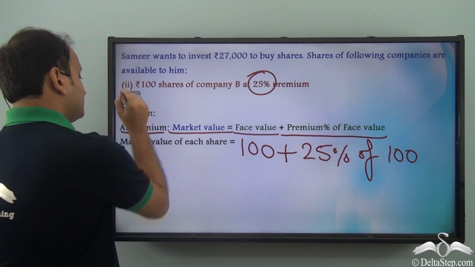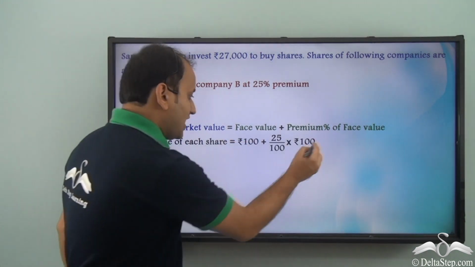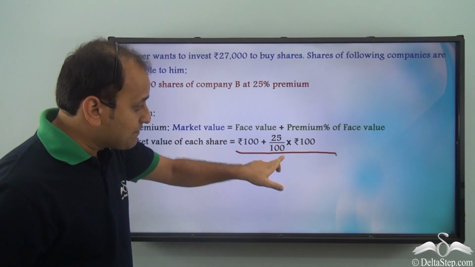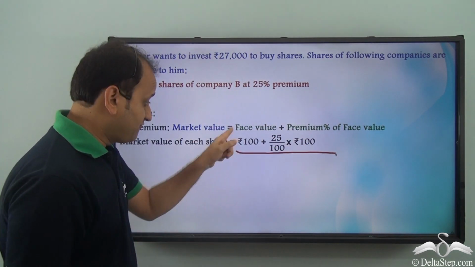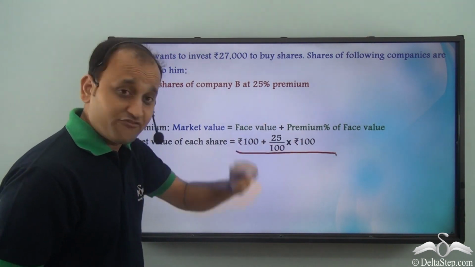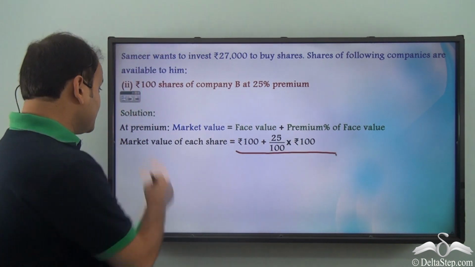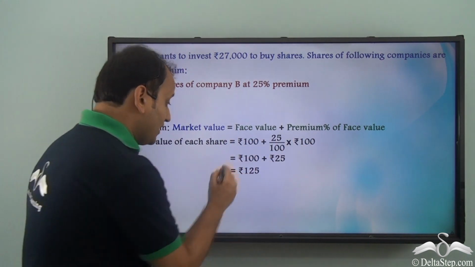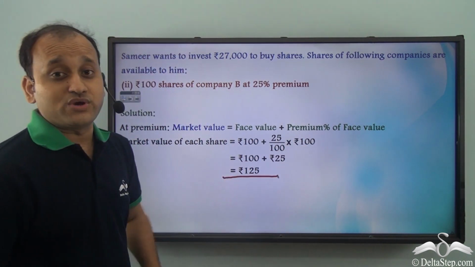So this will be our calculation, 100 plus 25% of rupees 100, face value plus 25% of face value, which is 100 plus 25 or rupees 125.